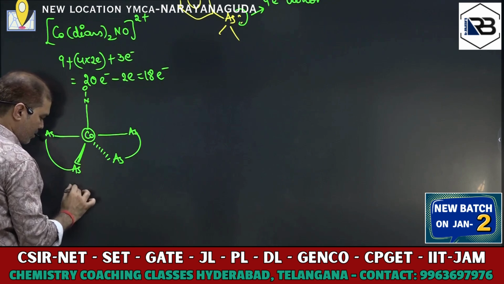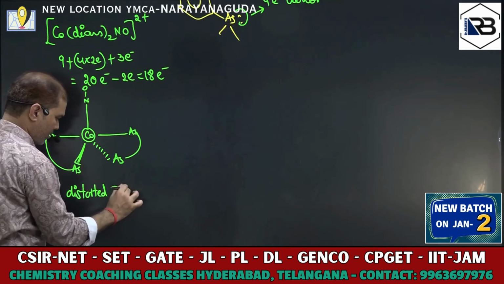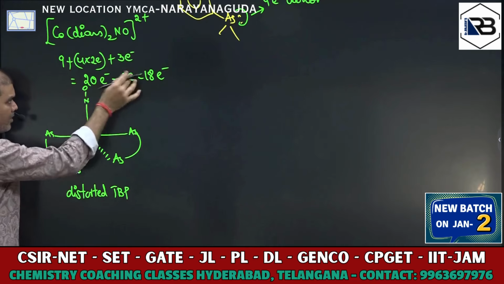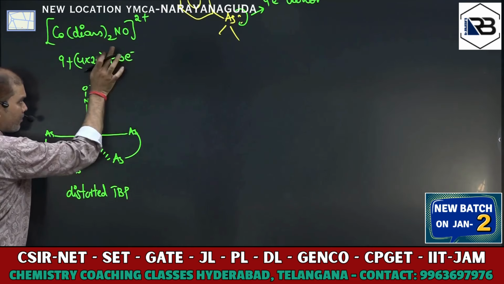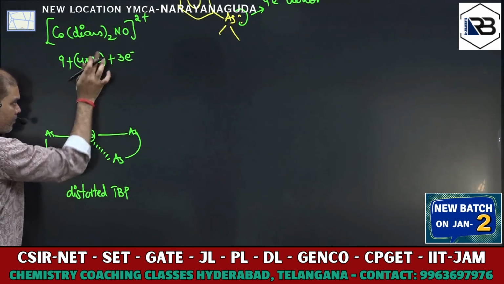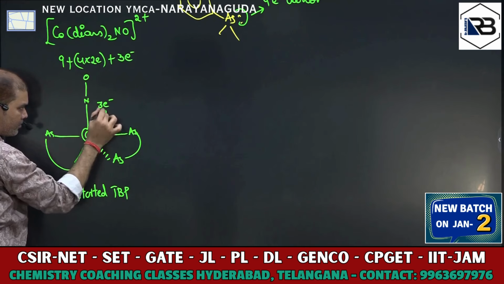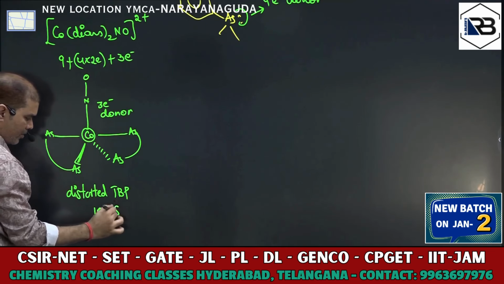This is a distorted trigonal bipyramidal geometry, and in this case nitrosyl is found to be linear. Since it is linear, it is counted as a 3 electron donor. It is an 18 electron system.